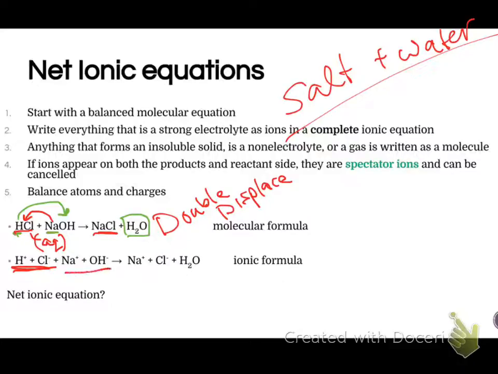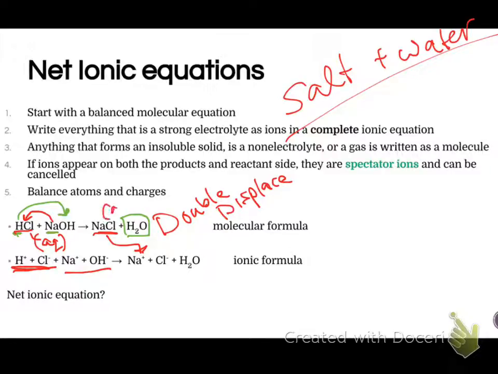Same thing for sodium hydroxide, which is a strong base, so therefore it actually exists as sodium ion and hydroxide ion. And then NaCl is an ionic compound, so when it's dissolved in water, it would actually be present in the form of sodium ion and chloride ion.